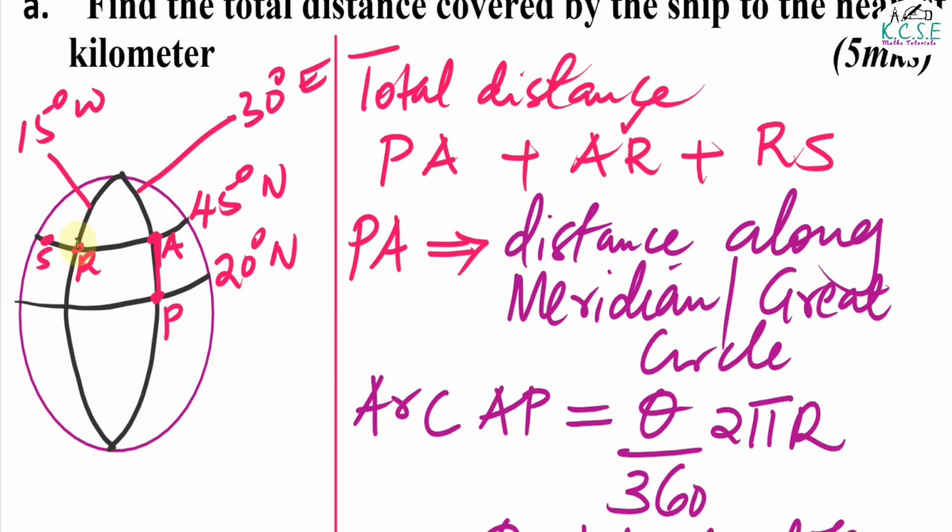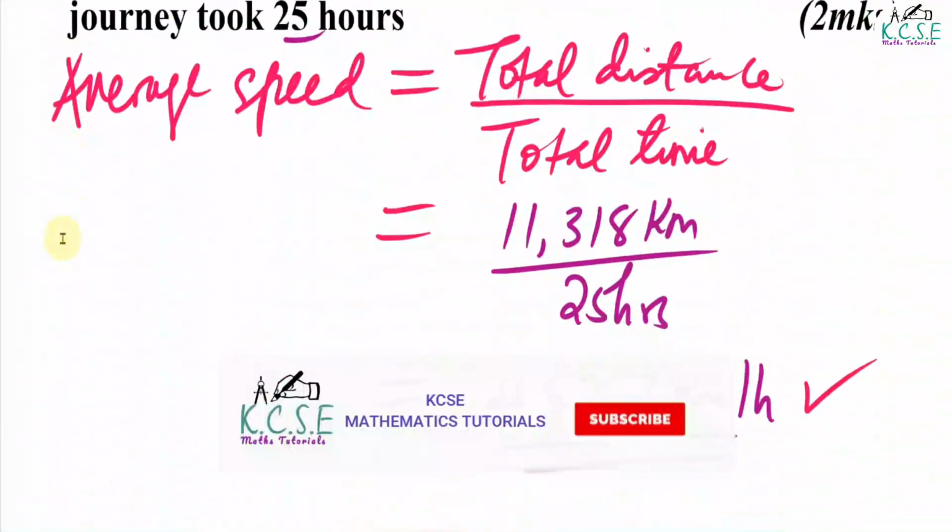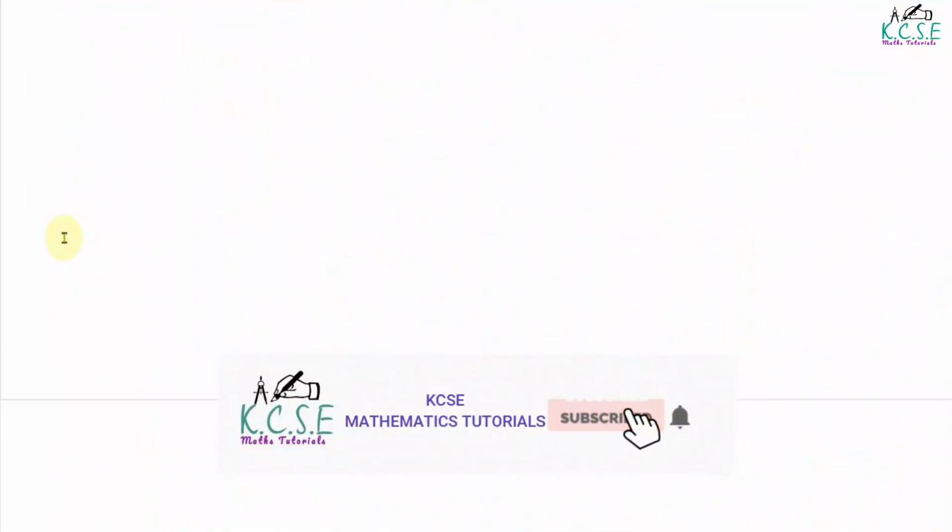So when getting the longitude difference, we take the longitude of S, subtract the longitude of R, and that will give us the longitude difference. I repeat: take the longitude of S, subtract the longitude angle of R, and that gives us the longitude difference.